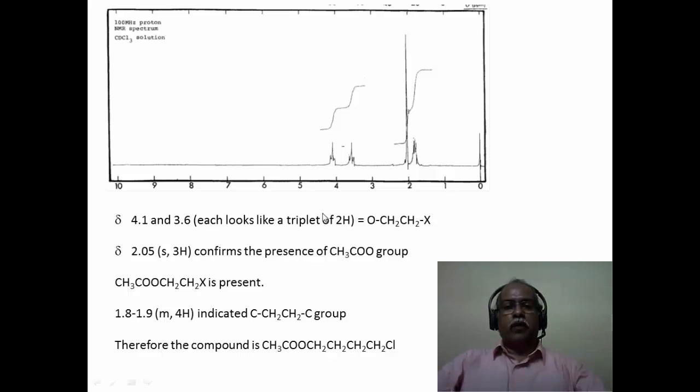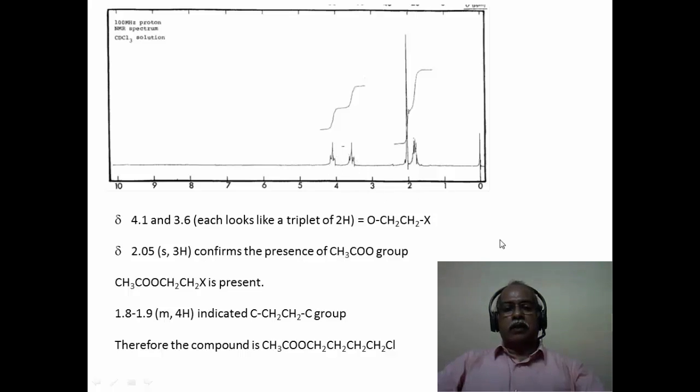The signals at 4.1 and 3.6 each look like a triplet, and it could be because of the presence of an OCH2CH2X kind of functional group here. In other words, this CH2 will be a triplet because of the adjacent CH2, and vice versa. They are mutually coupled to each other, so they give you a triplet and triplet.